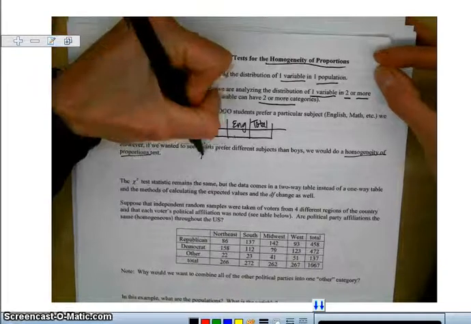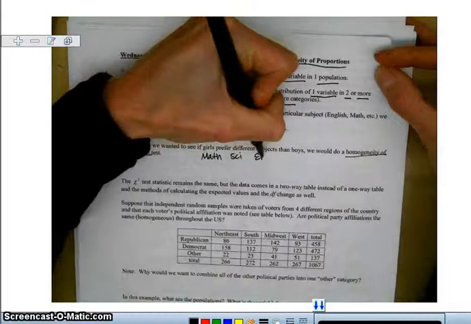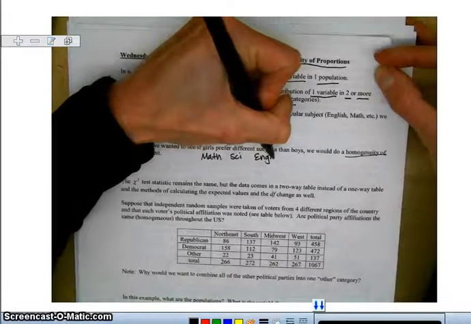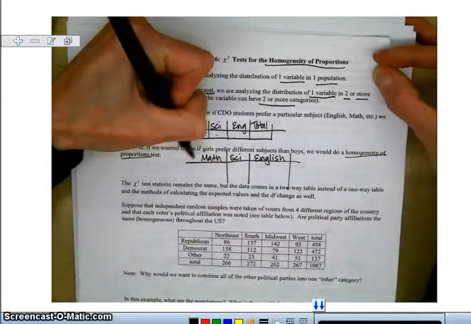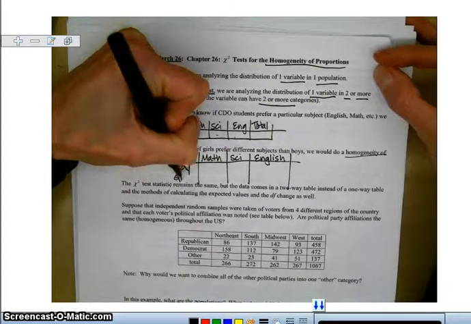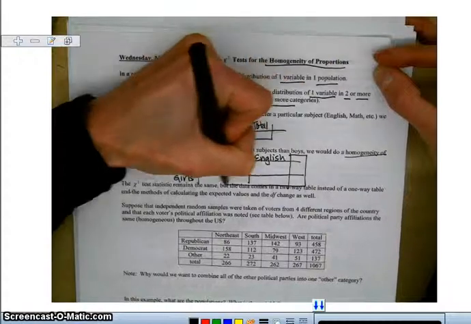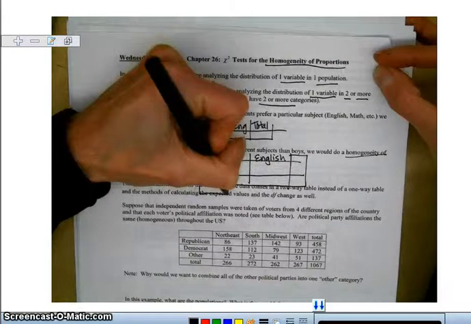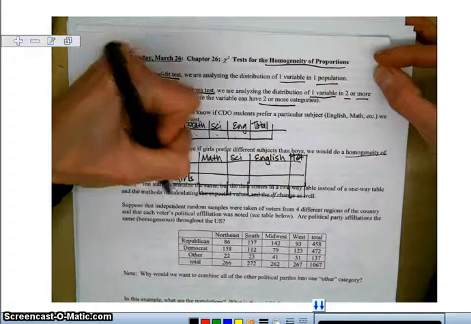I would still have my math, science, and English columns, but this time I would have rows for what the boys like and what the girls like. And then I would have a total for each one.